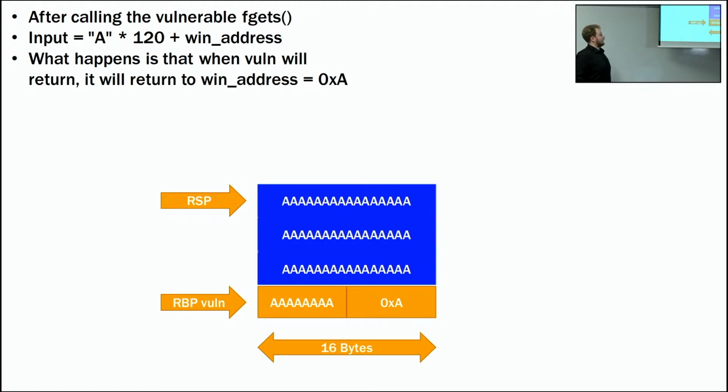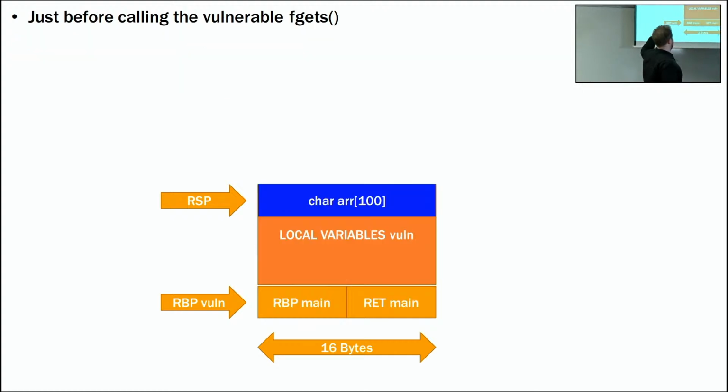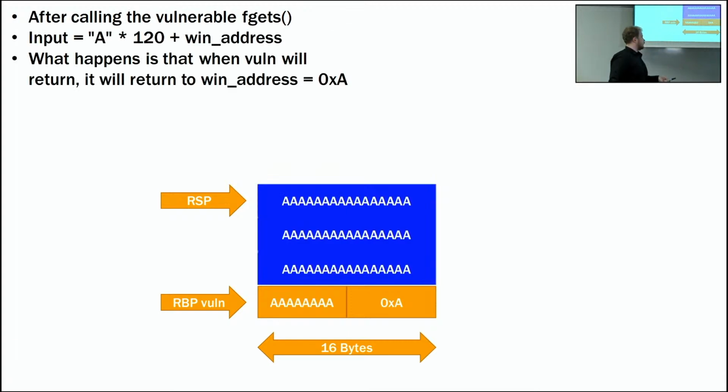So basically we can see here that we have an array of 100 bytes right on top of the stack, and then at the bottom of the stack is the return address for the vuln function. So basically it returns back to main. And when the vuln function returns, it will use this address to know where to return. But we can control it.